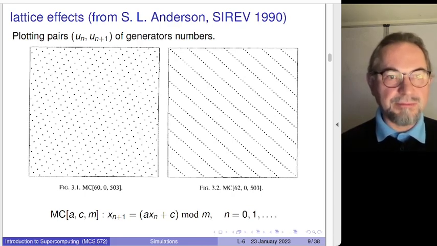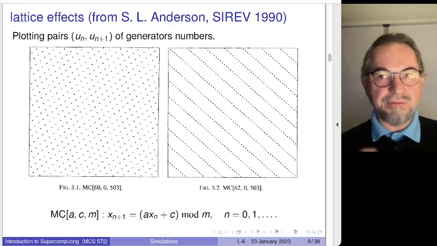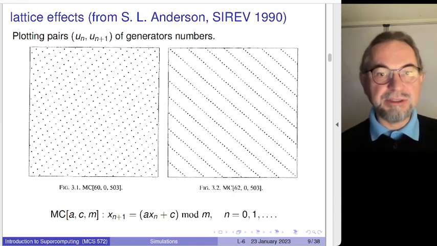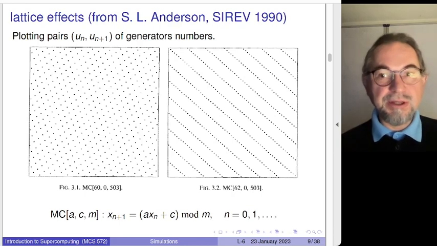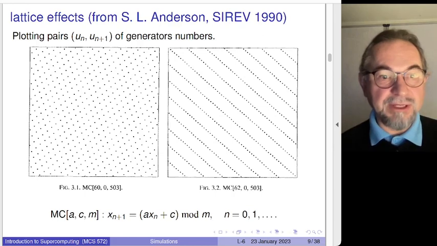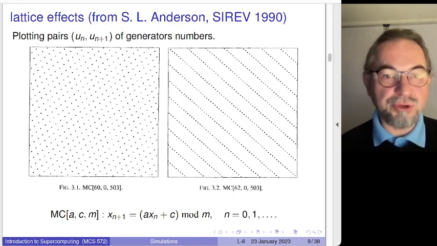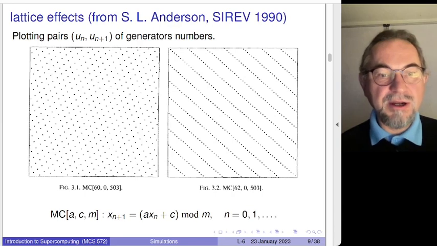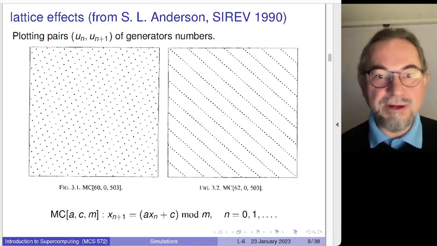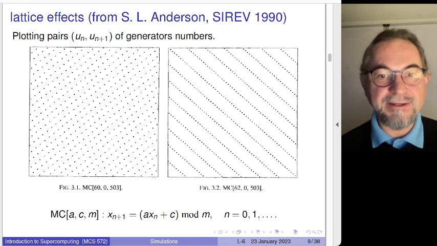So we can look at pairs of random numbers, pairs of consecutive numbers. So if everything would be neatly randomly generated, as it should be, then one would expect that every dot appears in that square of 0, 1, but that is definitely not the case. So if one takes modulus M 503, the additive constant is 0 and one has 62 for the multiplier, then you see that some patterns occur.